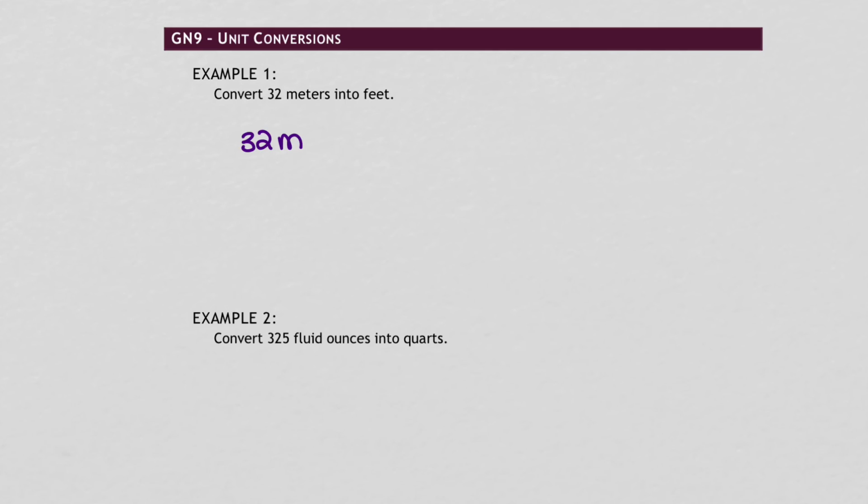If you look on your conversion sheet, you'll see that 1 foot is equal to 0.3048 meters.